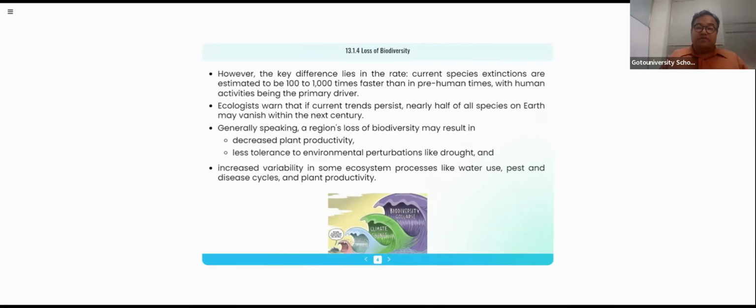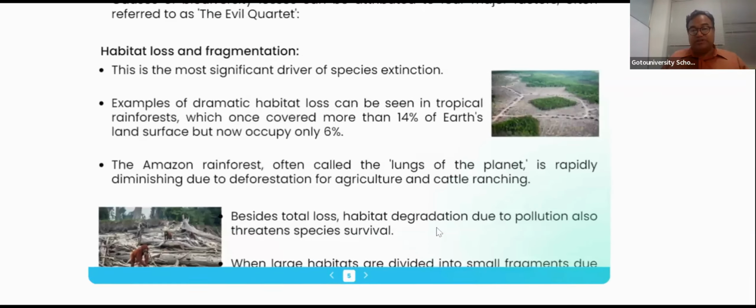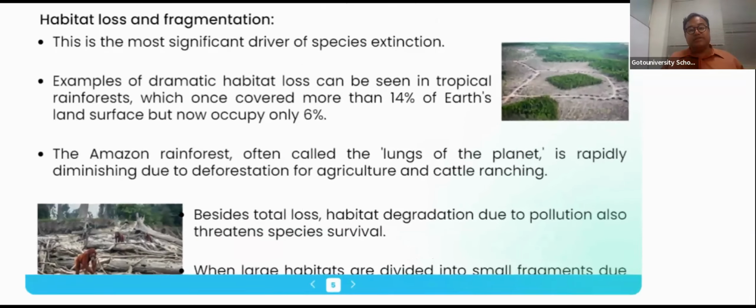Now we are going to the next important concept. In the ecosystem, many varieties of species origination and loss we understood; now the habitat loss and fragmentation. You can see this picture here.